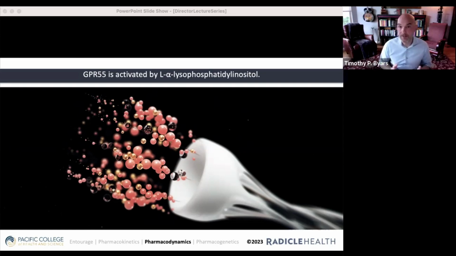Inhibition of GPR55 might also explain some of CBD's anti-tumor effects in things like colorectal cancer, breast cancer, pancreatic cancer, and brain cancer. And then finally, the modulation of these receptors might also explain how CBD can reduce gastrointestinal inflammation in conditions like inflammatory bowel, Crohn's, and ulcerative colitis.